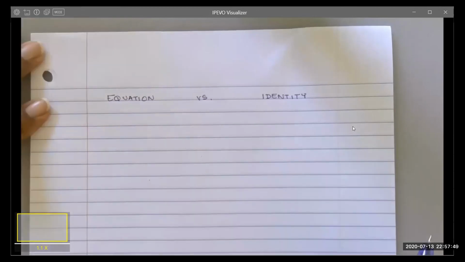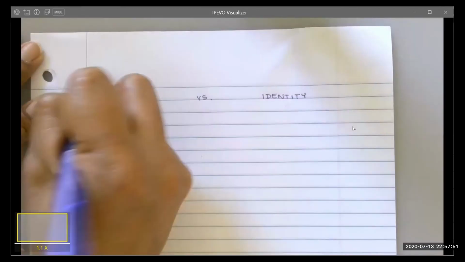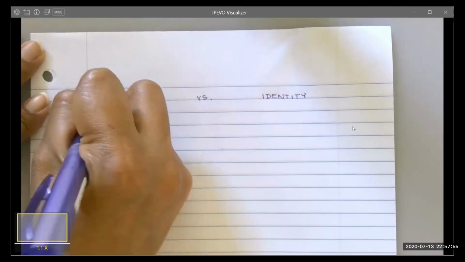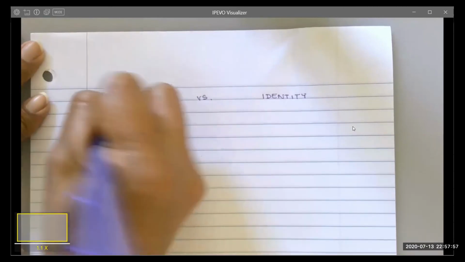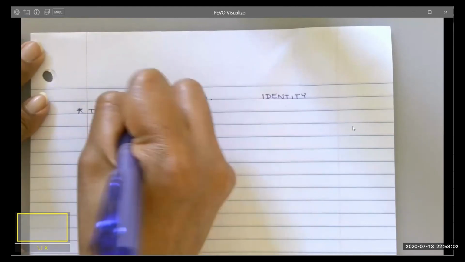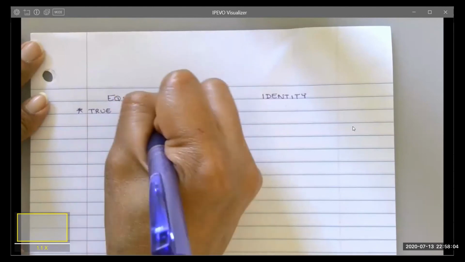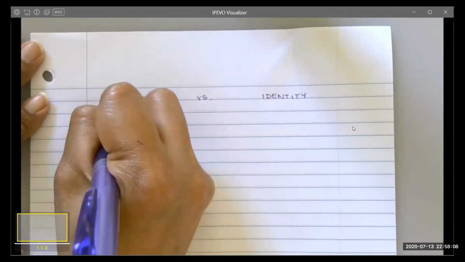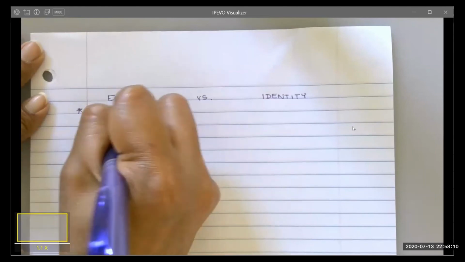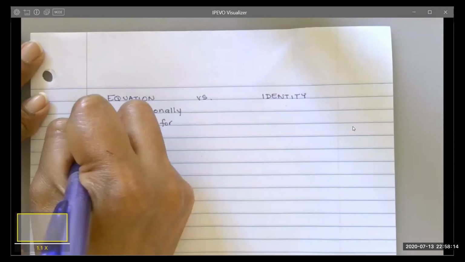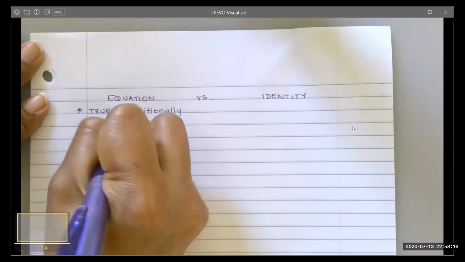Well, an equation is an expression that is true conditionally. This one is true only for certain values. I'll give you an example.